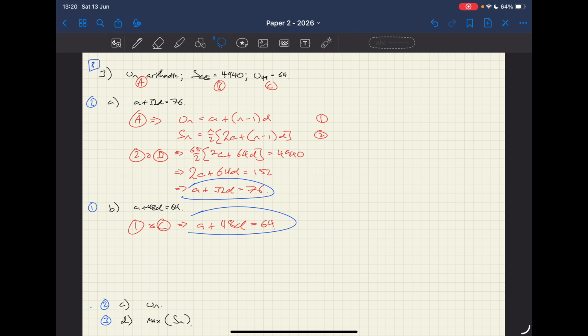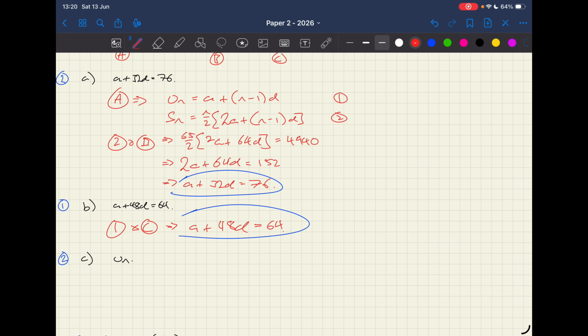The next part then, part C of this question, was to go through and find the actual expression for the nth term. So i.e. what are the a and the d that we've just found? Well, if we label these, let's call that fact number 3 that we found. This can be fact number 4 that we found. So 3 and 4 together, if we basically do a subtraction of those. So if we think about actually doing 4 minus 3, might be a better way to write down.